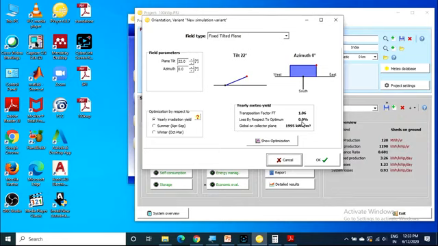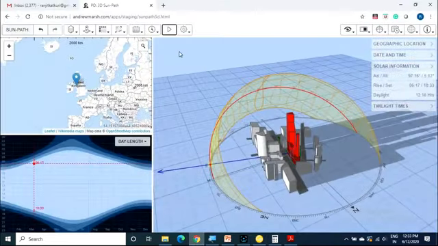You cannot use this software on mobile. It does not support mobile, I think. So there are some requirements for the software.